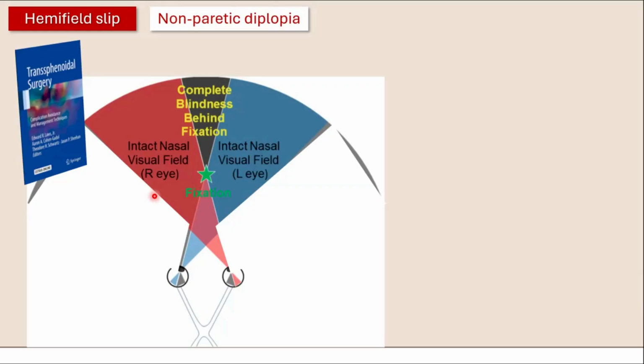We discussed it before in the first class of this series, on class 15. So as shown on the diagram, suppose you are looking at the scenery. Let's say from here to here, there is a scenery, okay? The left side of the scenery is served by the intact nasal field of the right eye. And the right side of the scenery is served by the intact nasal field of the left eye, the contralateral eye, in other words.